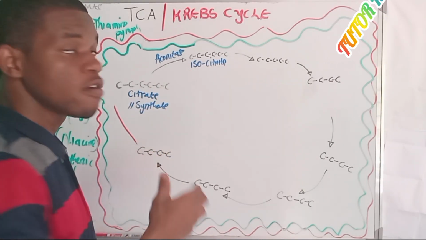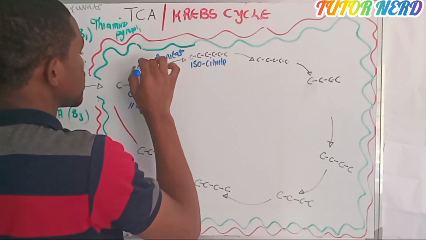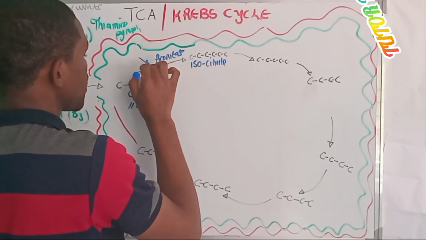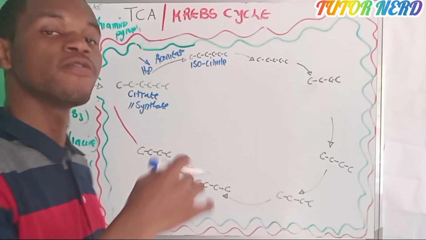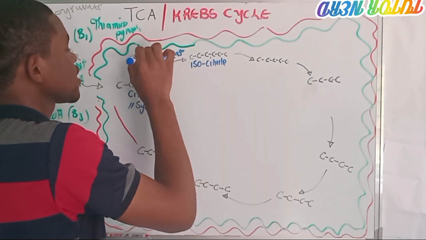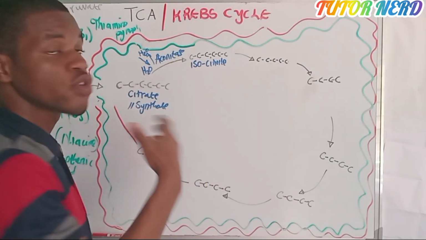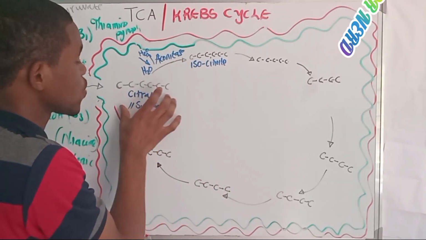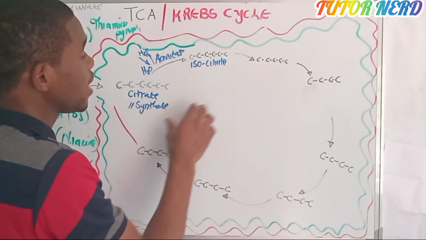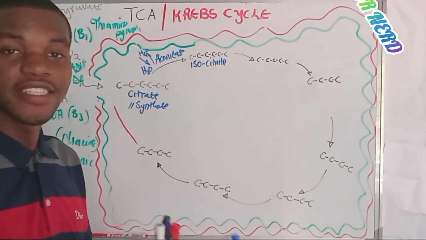Now how the conversion happens is this: aconitase will add water, H2O, and again it will remove water. In the process, it is just shifting the hydroxyl group in the citrate, so that it gets to be made into isocitrate.